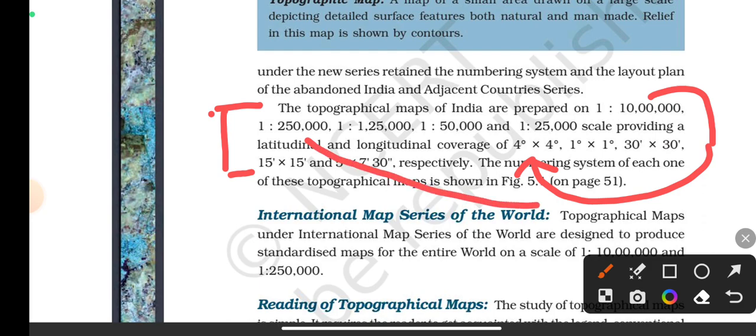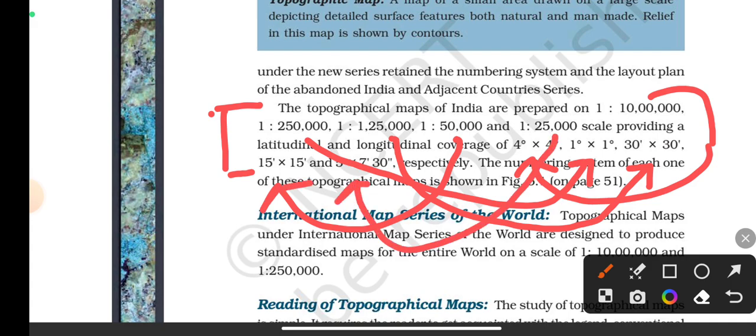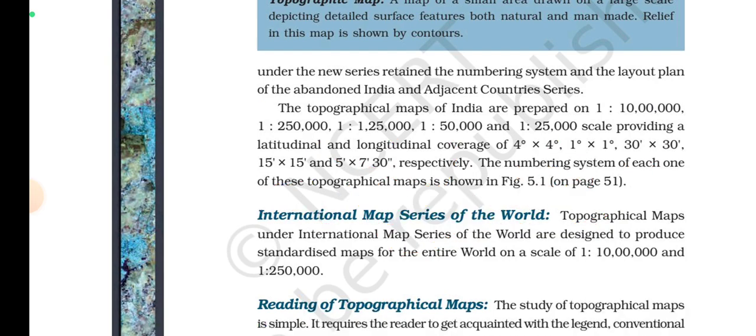This scale has 1 degree into 1 degree. 1:1,25,000 has 30 minute and 30 minute, and 1:50,000 has 15 minute into 15 minute, and 1:25,000 has this one. You have to recheck it. So just google it and recheck it: latitudinal longitudinal coverage of the topographical map having a scale of 1:25,000, like this, and you will get the answer.